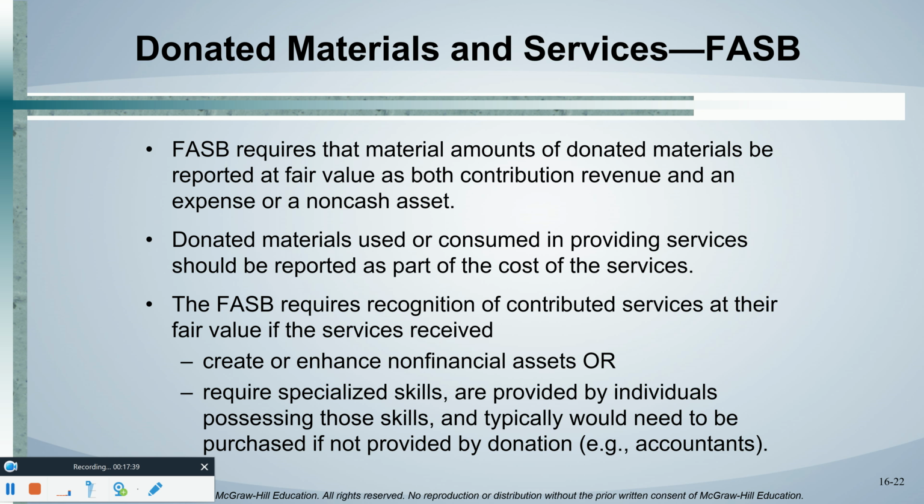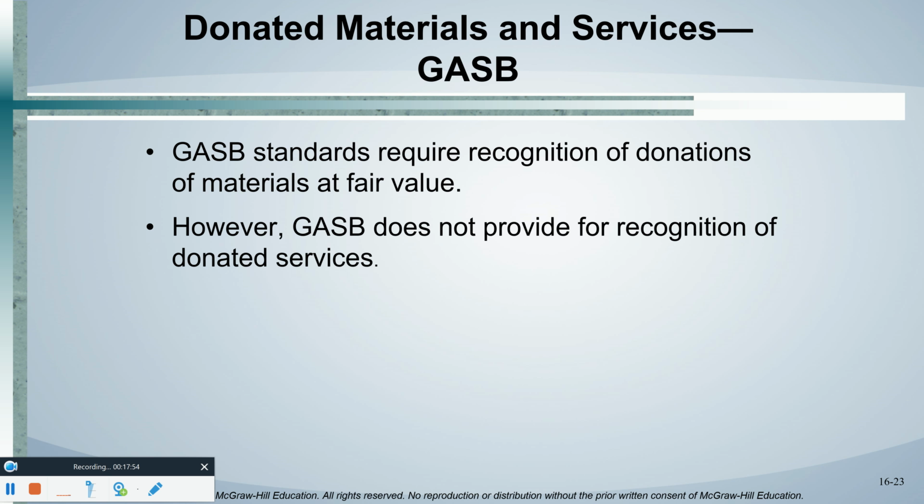If you recall, I gave the example of a CPA donating services to a nonprofit, giving a free audit. Well, that's an example of something that requires a specialized skill and typically would need to be purchased anyway. Now let's look at the GASB. Like we said, GASB requires donation of materials at fair value, just like FASB. Here's the big difference. Donation of services.